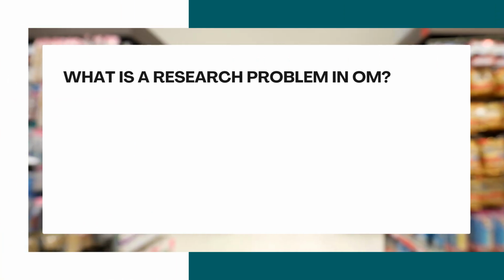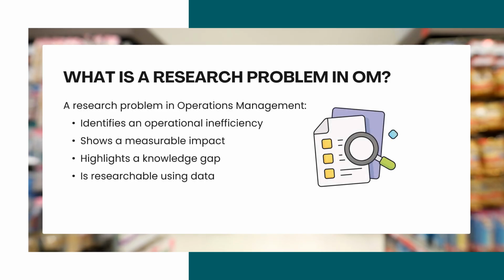Now, as we move on, what is a research problem per se? By definition, a research problem in operations management is a statement whose objective is to identify an operational inefficiency, to show a measurable impact, to highlight the knowledge gap, and to provide researchable data.